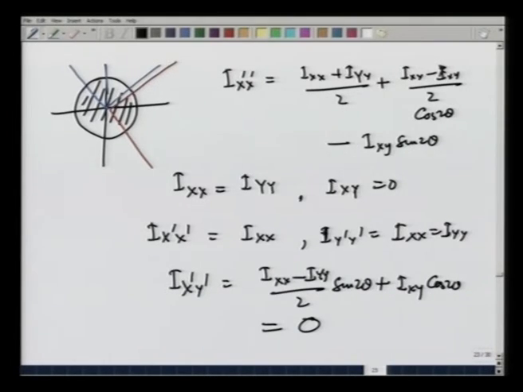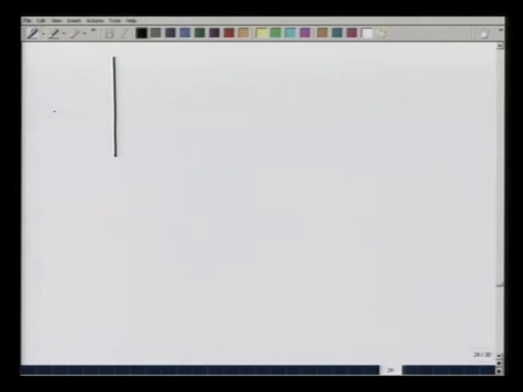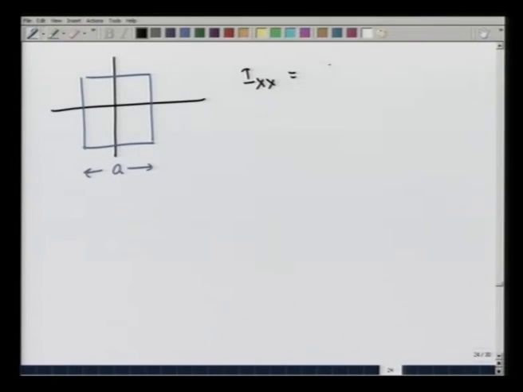What is very interesting, that the same thing comes out to be true for a square. Let us look at that case. So, if I take a square of side A, we have already calculated that I x x for such a square is a raised to 4 over 12, and so is I y y, where these are the x and y axes, and I x y is 0.